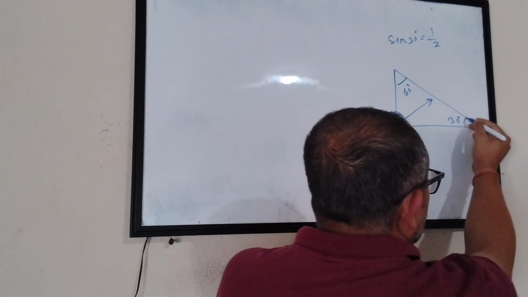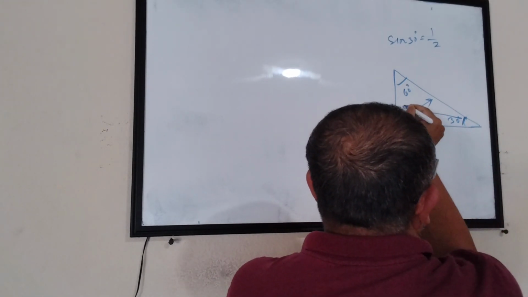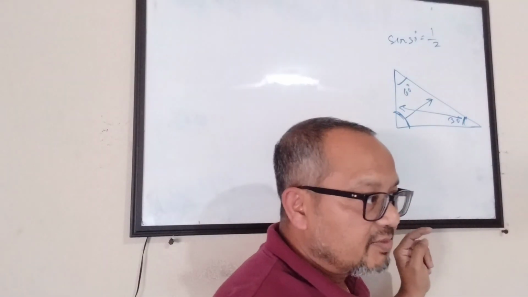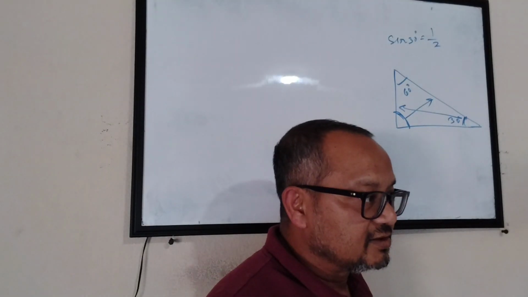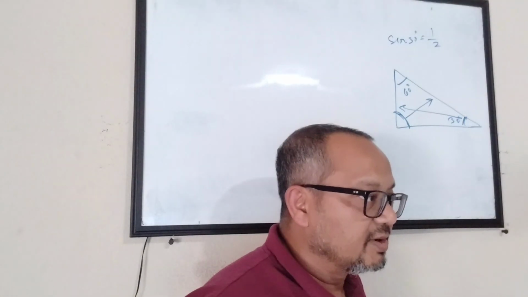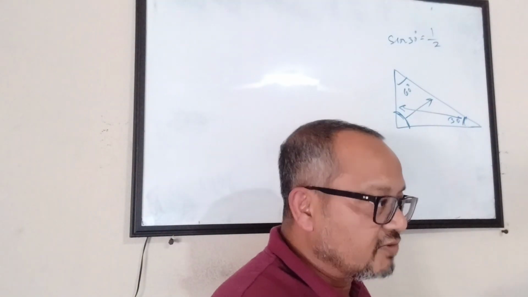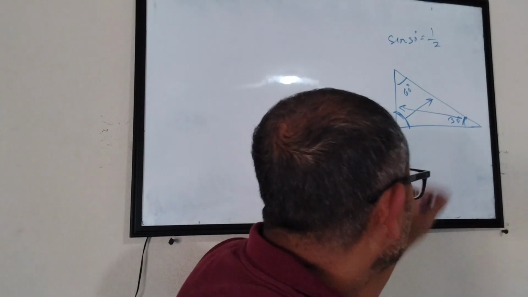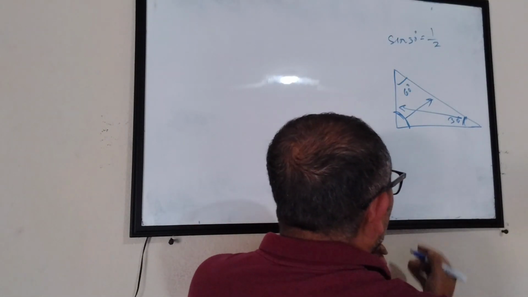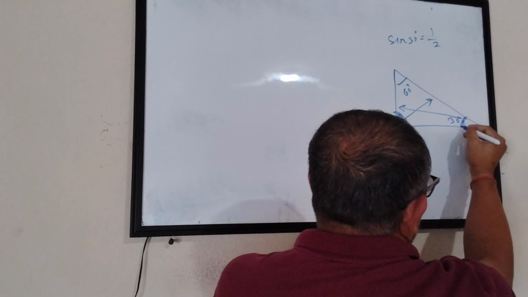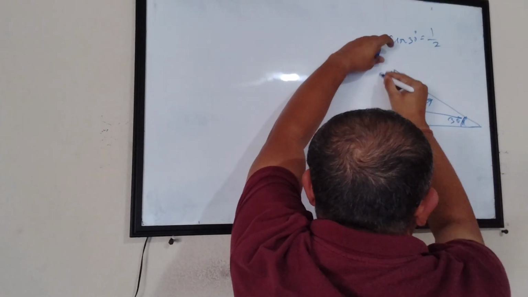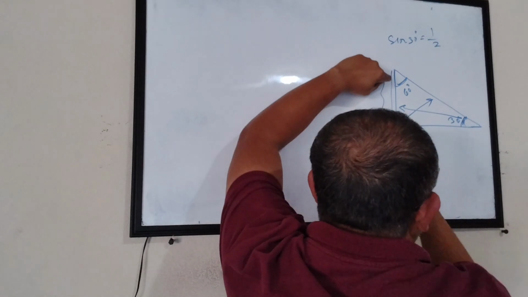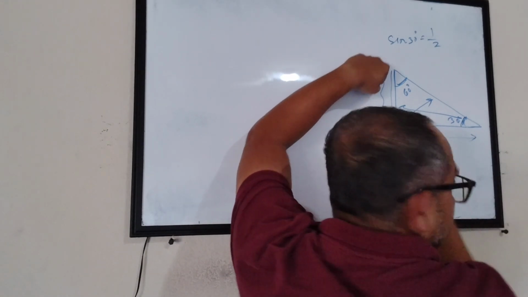If this is the smallest angle, the side opposite to that will be the smallest. Meaning, the length of the side is in the same proportion as the angle. Bigger the side, bigger is the angle opposite to that, or vice versa. So if you look at a triangle with 30 degree, that means this is 60 degree. So the length of this side will be half of this side.